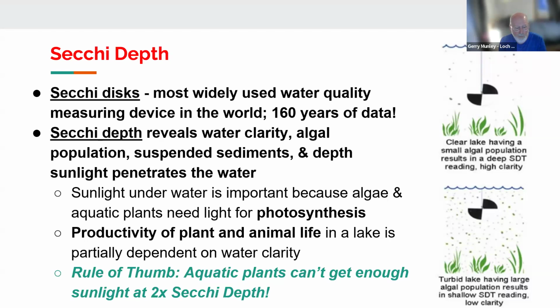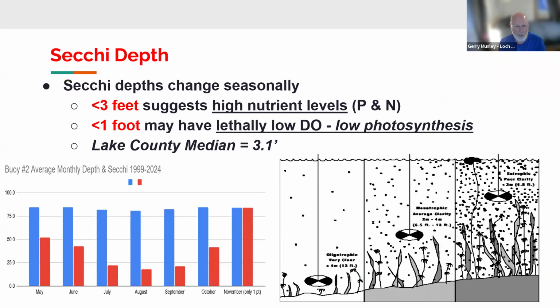And another point, this came from Paul, is that there's a rule of thumb that for aquatic plants, at 2 times the Secchi depth that you're measuring, they can't get enough sunlight. So if you're measuring 3 feet of Secchi depth, then at 6 feet, there would be practically no sunlight at that point.